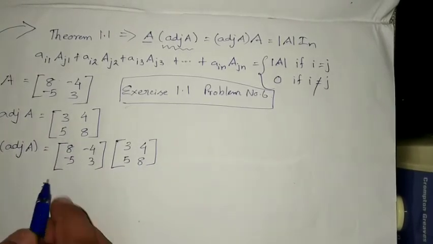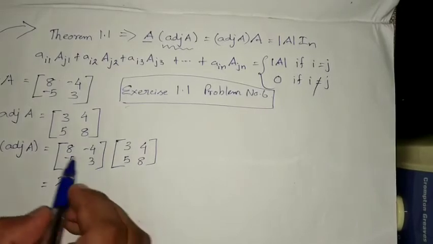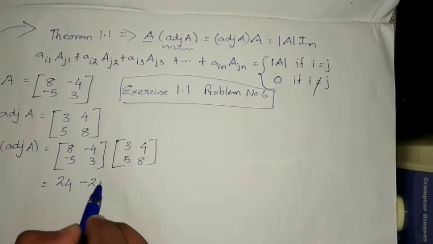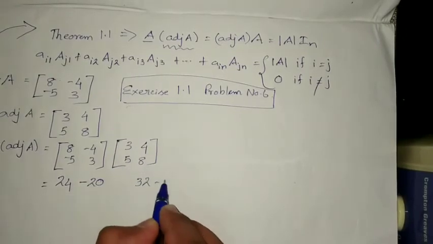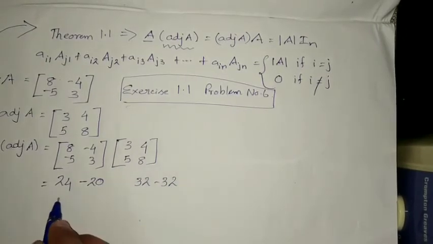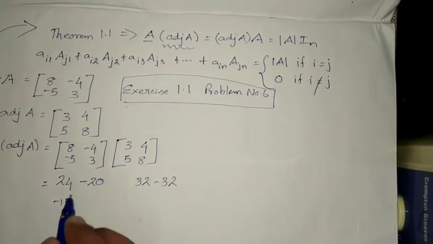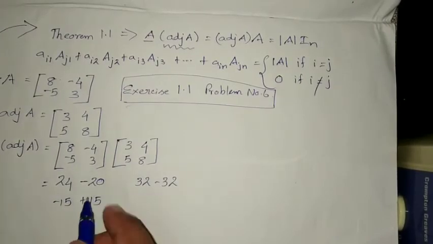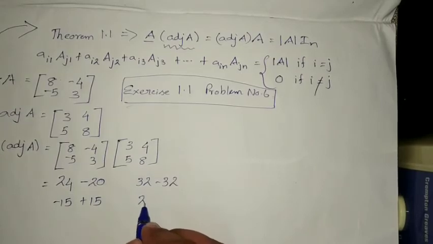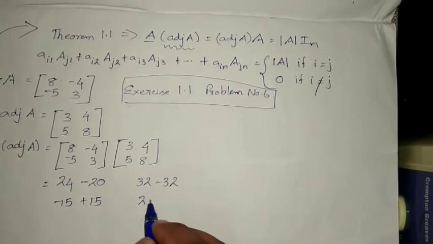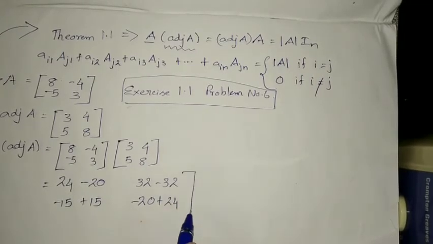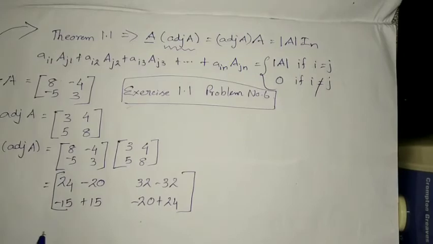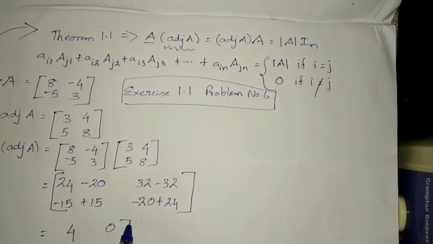It is 24 minus 20, 32 minus 32, minus 15 plus 15, minus 20 plus 24. So A into adjoint of A equals 4 0, 0 4.